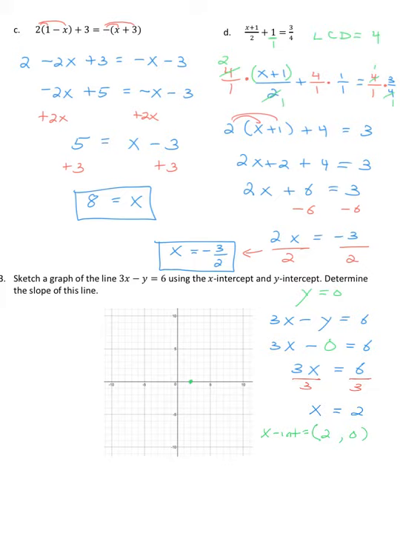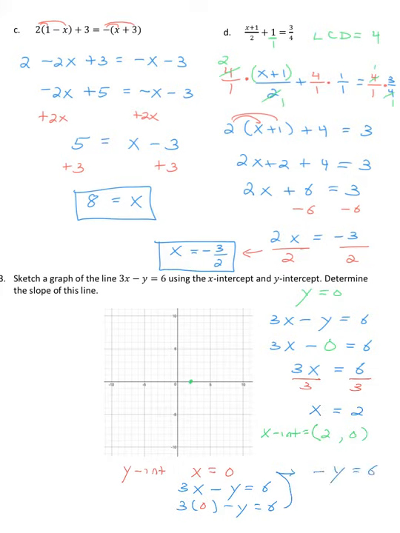Now to find the y-intercept, I'm going to let x equal 0 in my original equation. So the original equation is 3x minus y is equal to 6. So putting 0 in place of x simplifies the equation to negative y is equal to 6.